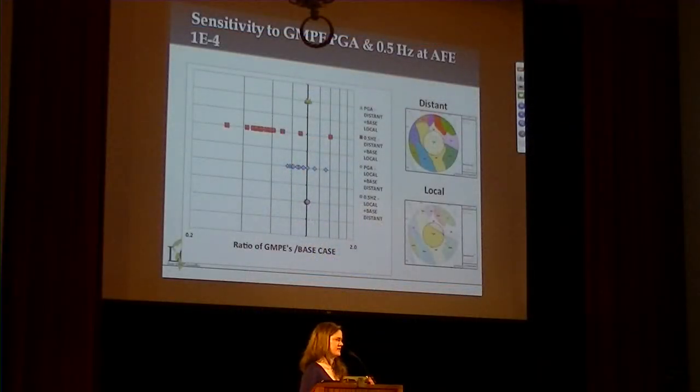So basically what you're looking at is the sensitivity to the GMPEs for the full hazard model, or the full source model that was run, but just looking at the distance effects. So what we have here is the ratio of the GMPEs for the hazard at 10 to the minus 4 amplitude to the base case, which are the 5 NGA models.